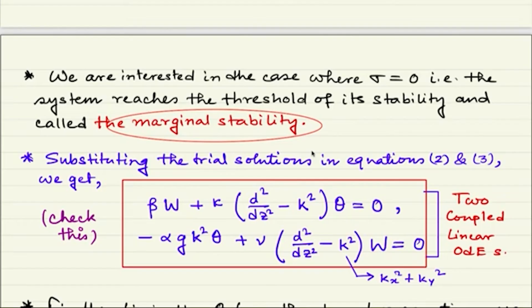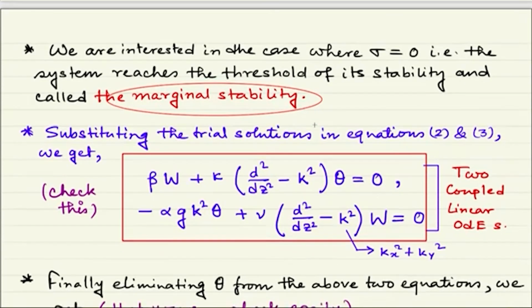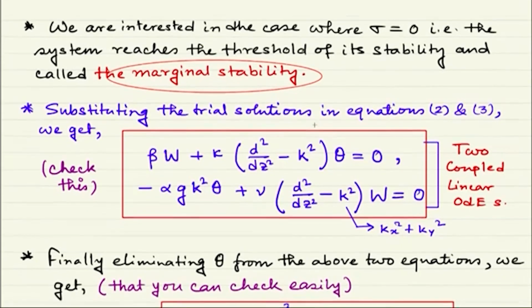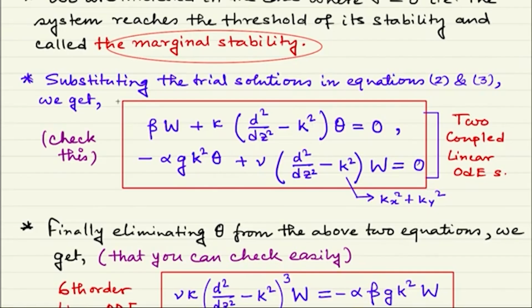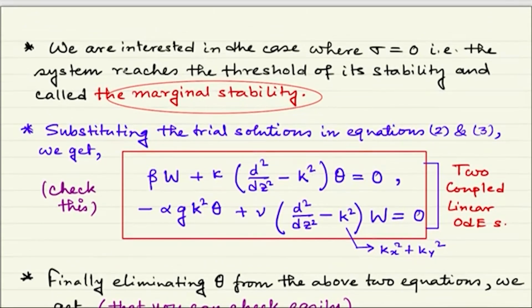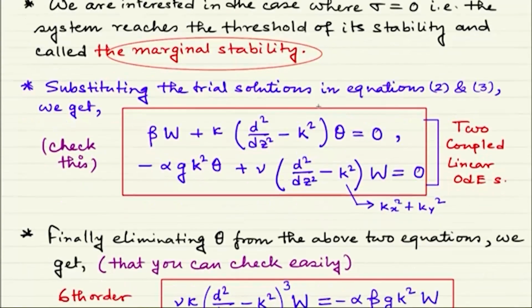So in that sense, we say that sigma equal to 0 is the part of marginal stability, or some people for the same reason call it marginal instability, beyond which you have strict instability.